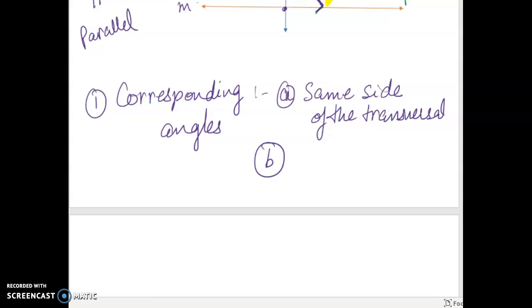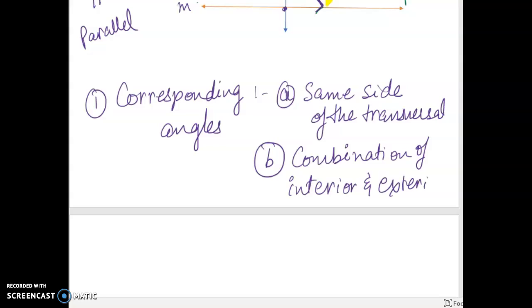Second, they form a combination of interior and exterior. Now, what does that mean?